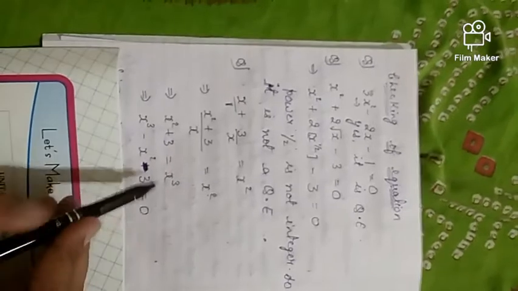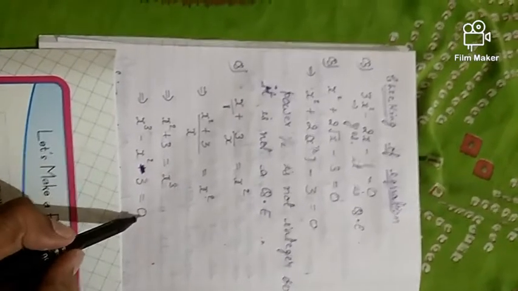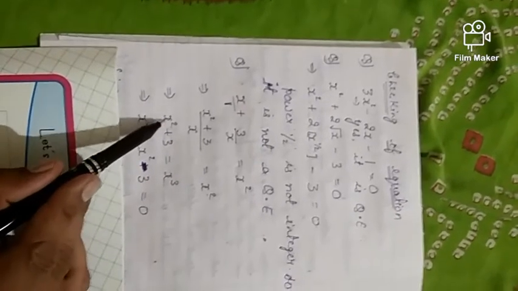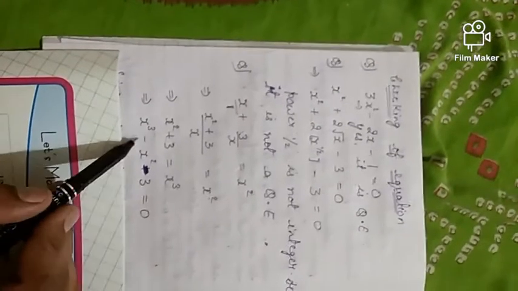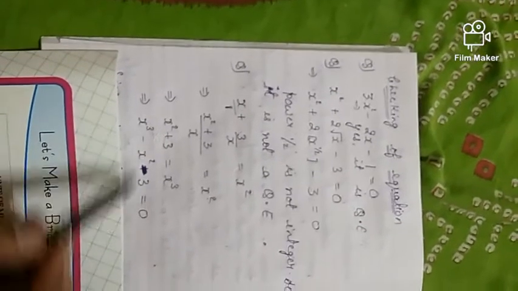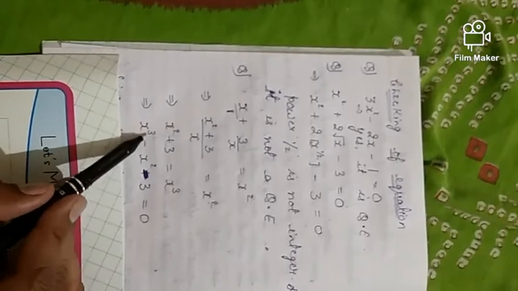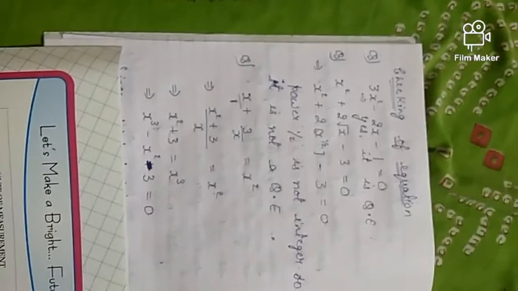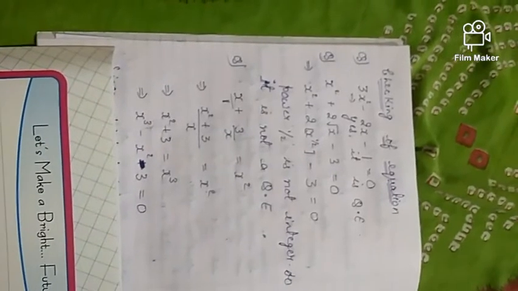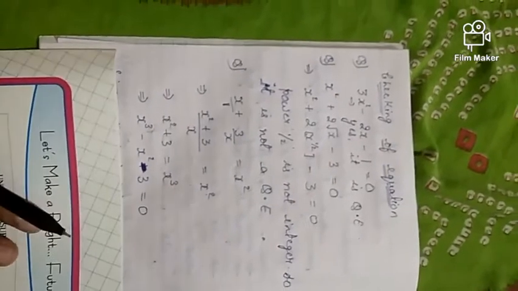Now I told you the RHS should be 0, so I brought this x square and 3 to this side, hence the sign gets changed. Now see, the highest power is 3, so the first point does not match. That means this equation is also not a quadratic equation.